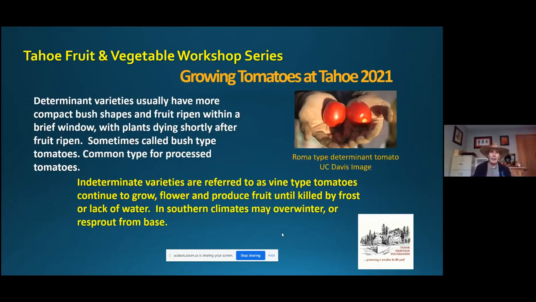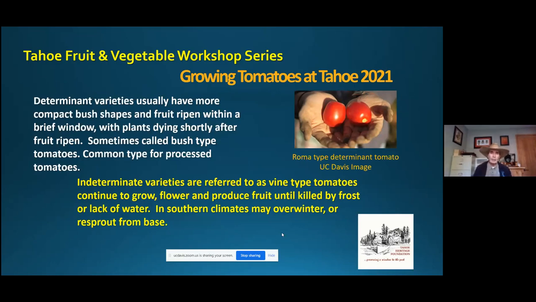Determinate varieties usually have compact stature. They're called bush tomatoes. Most of your commercial varieties of tomatoes are bush type or determinate types. The reason for this is that the fruit ripens all at the same time and then the plant dies. So from a commercial standpoint, you can bring your equipment and crews in, harvest it in a short period of time, and then they can move to the next field.